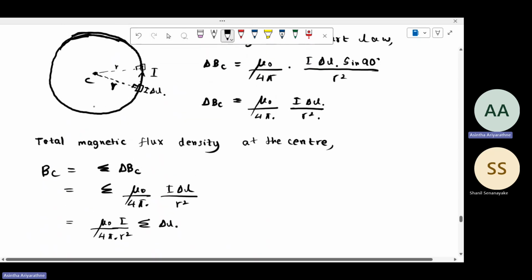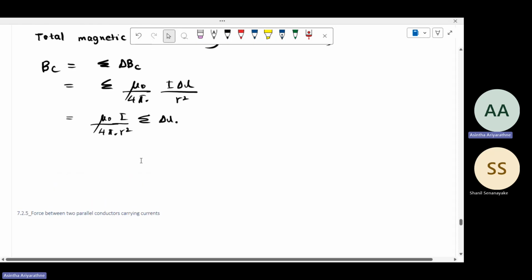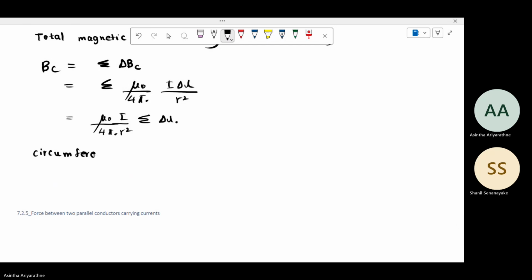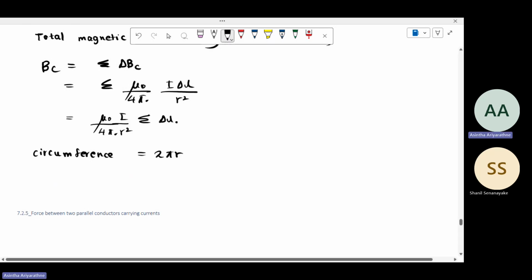When you add all these delta L elements, you get the circumference of the circle, 2 pi r.